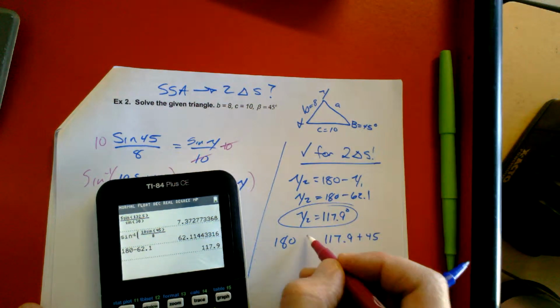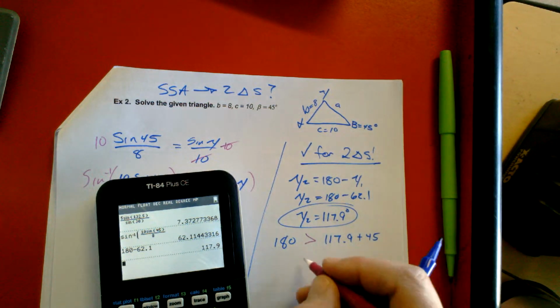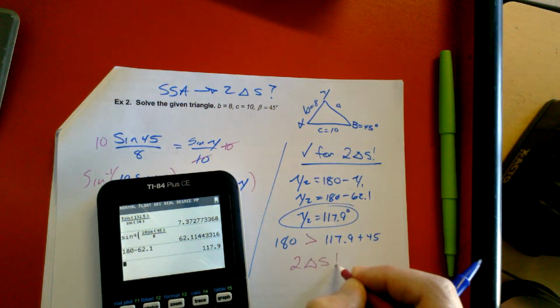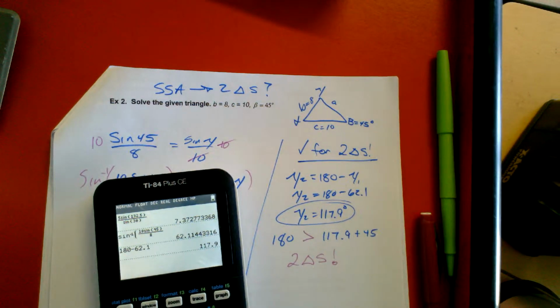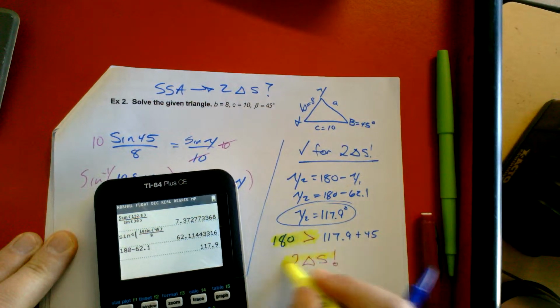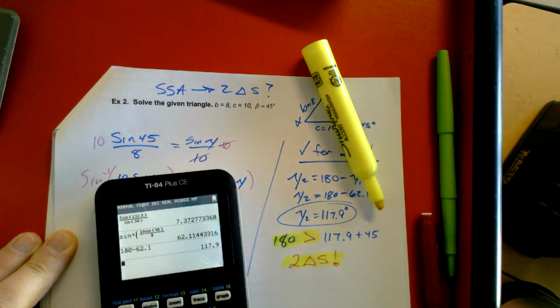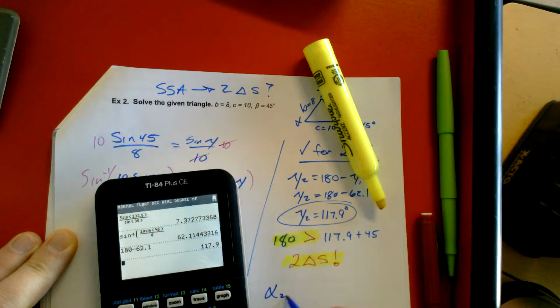That means there's enough room for a third angle, which means we have two triangles. Exclamation point. Because 180 is greater, that's why we have two triangles. So that means we've got to find that third angle, alpha 2 here.